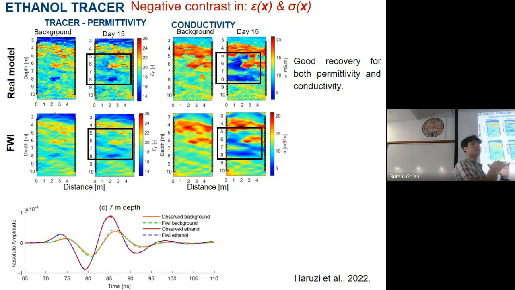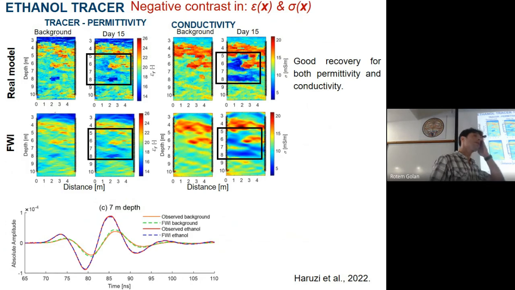So in your forward model, the numerical model, each element has permittivity and conductivity, and you optimize those for the entire model.